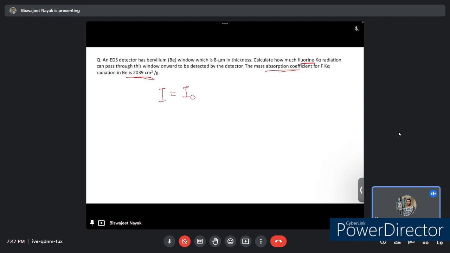So here we can recall the expression for mass absorption coefficient, right? I equals I0 e to the power minus mu by rho times x.